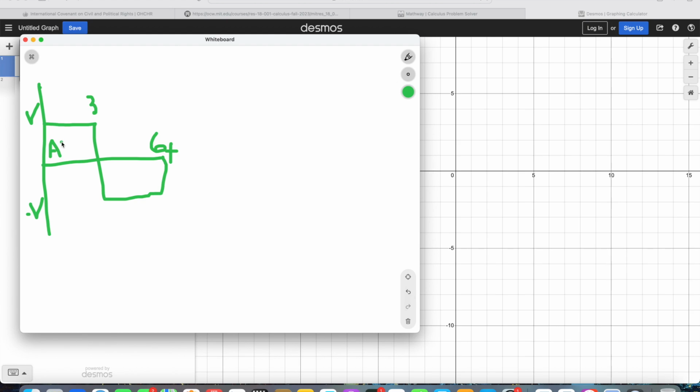And we'll say the areas of these little boxes are the same. So it'll be 3v, and then the area will be negative 3v.